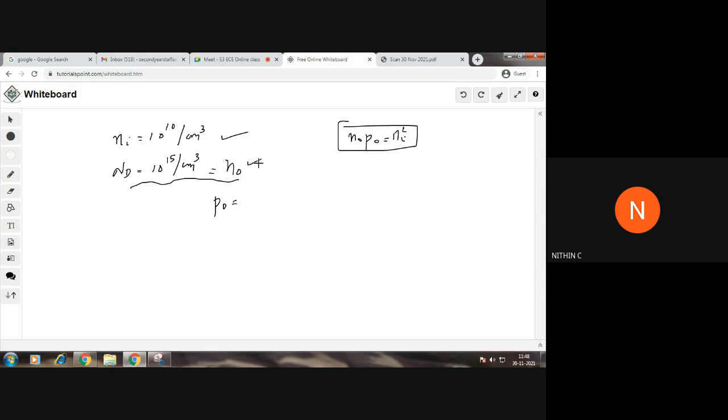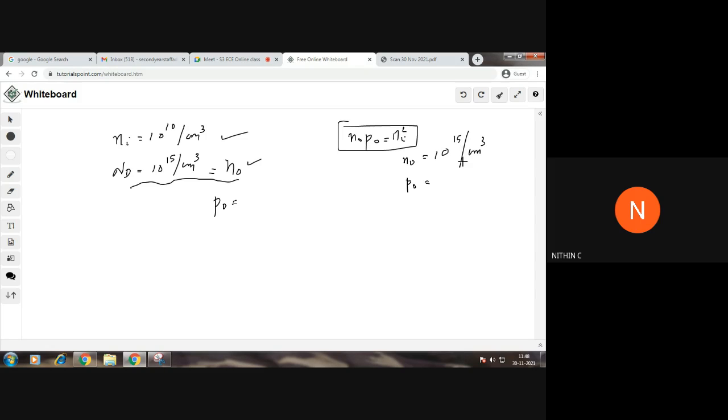What is the value of P0? പെട്ടെന്ന് കിട്ടുകയല്ലേ ഇത്. സ്ക്വയർ ചെയ്യുക, ഡിവൈഡ് ബൈ 10 raised to 15. What will be the value?